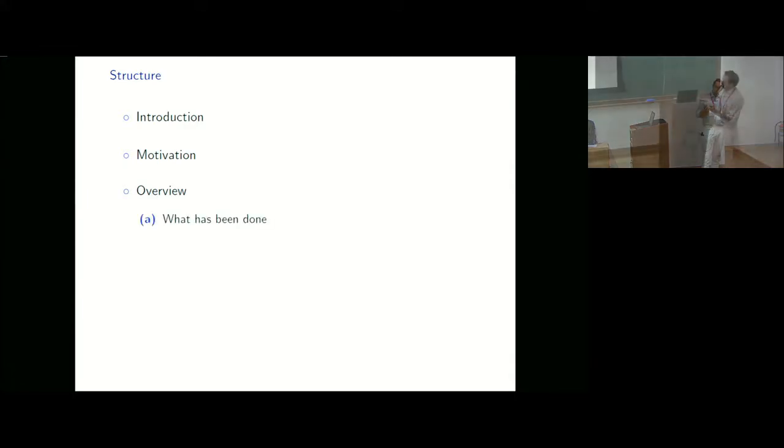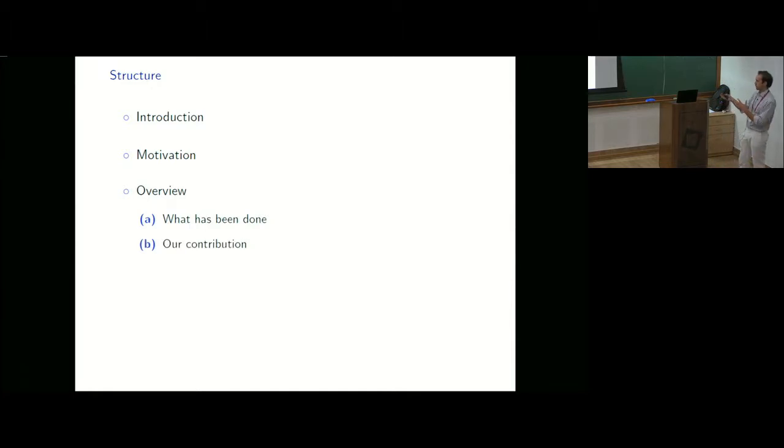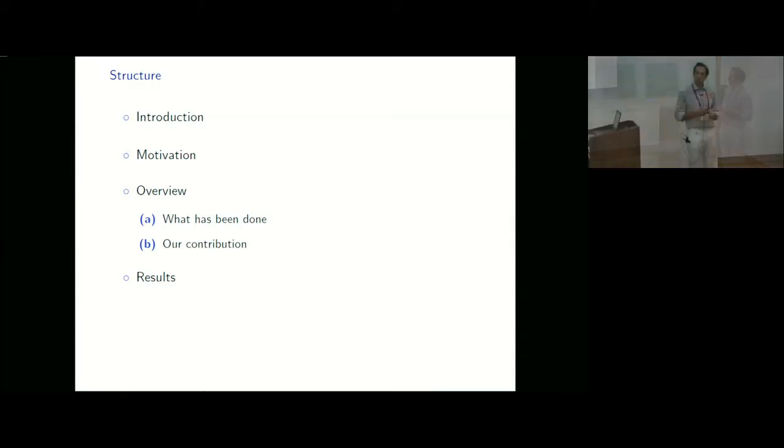graphs. So my talk, I will start with a general introduction and then motivate our research, and then I would like to place and to position our results in a general framework, what has been done in this class of models. So I will present a little bit a general overview of what has been done and what is our contribution in this big theory over ensemble equivalence and these random graph models, and then a little bit more details about our results.